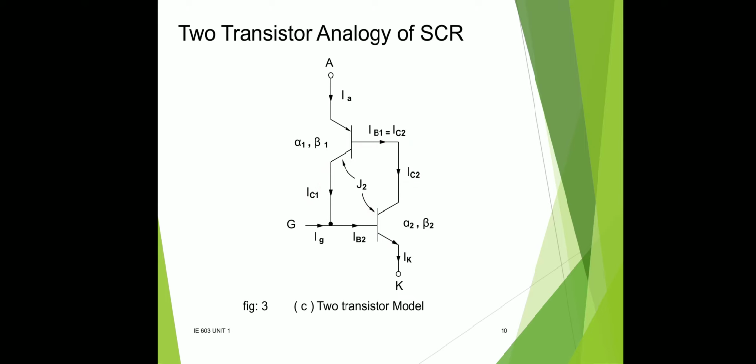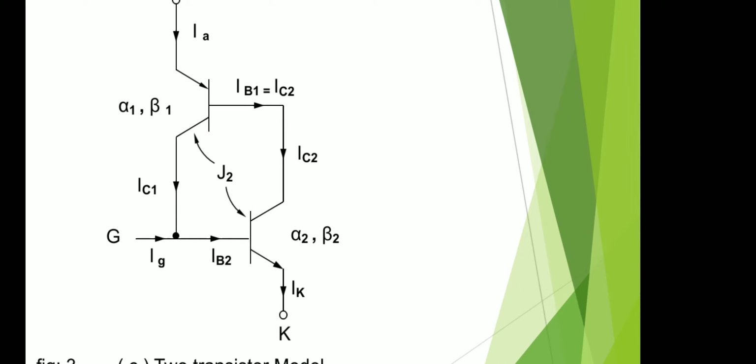If you observe this circuit diagram, the collector of the T1 transistor is connected to the base of the T2 transistor, and the collector of T2 is connected to the base of the T1 transistor.